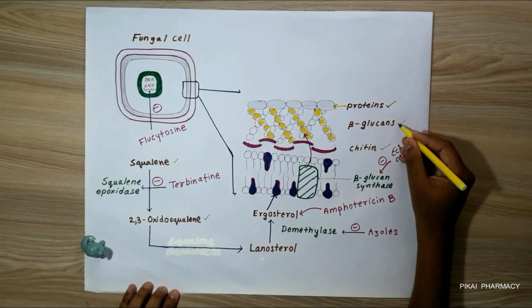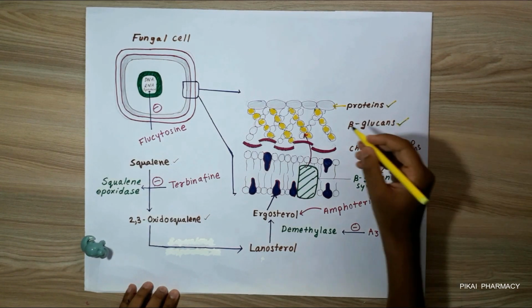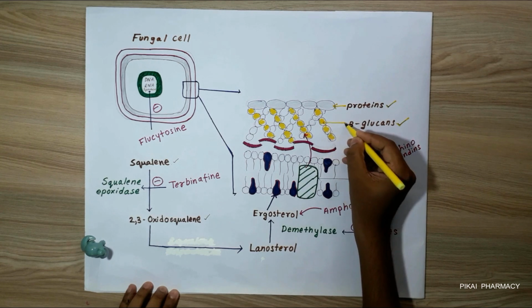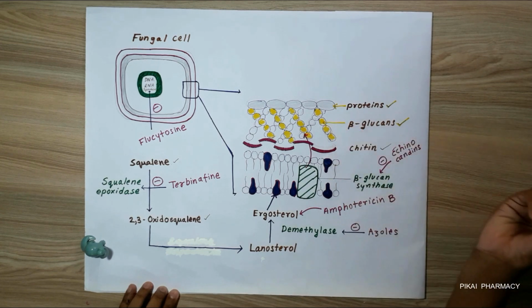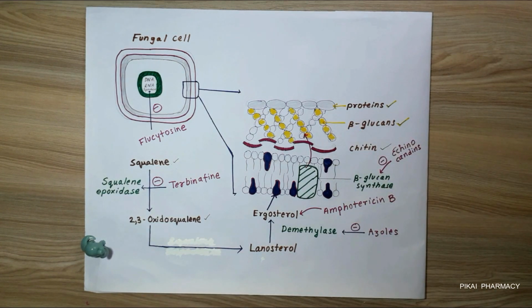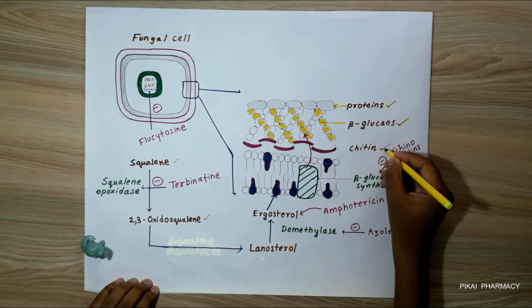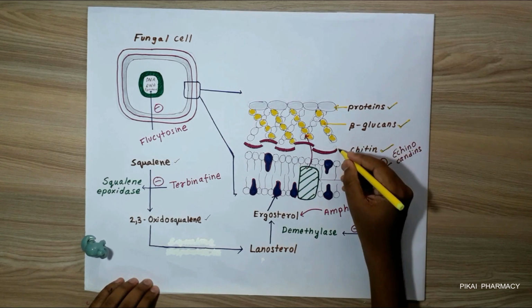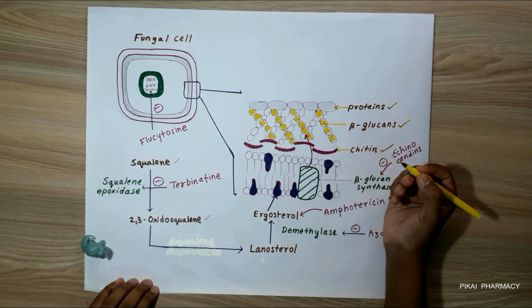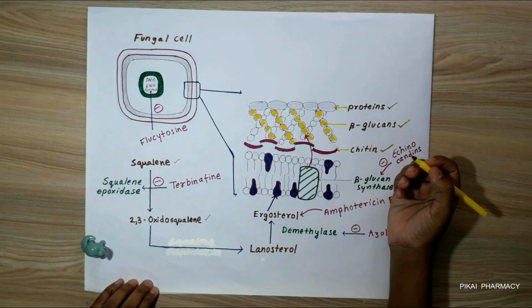Beta glucans are nothing but polysaccharides of glucose. So these are the beta glucans. Now below the beta glucans comes the chitin. Chitin is very unique to the fungal cell wall. It is actually made up of polymers of N-acetylglucosamine.